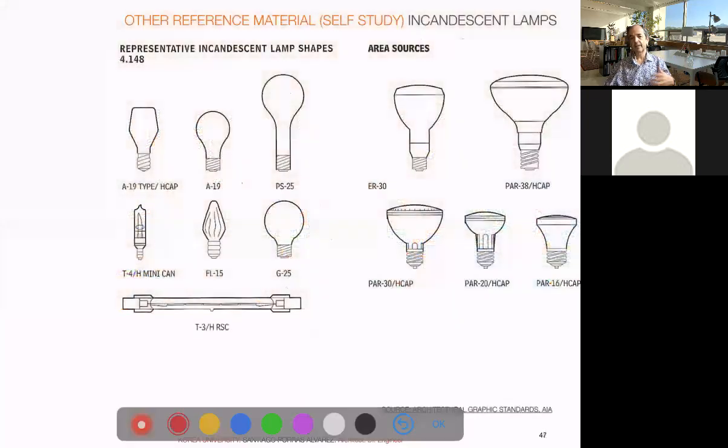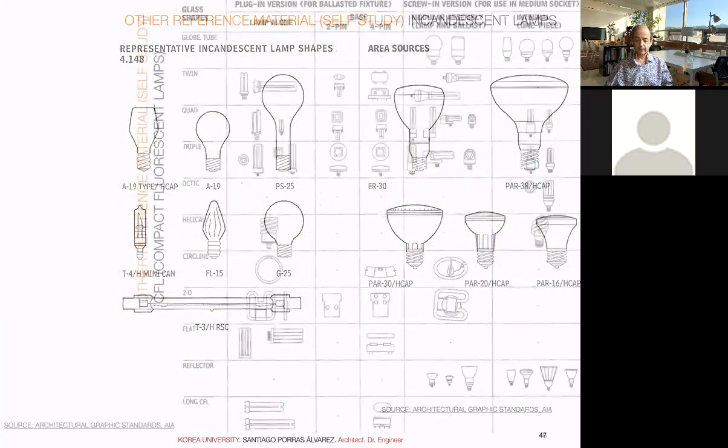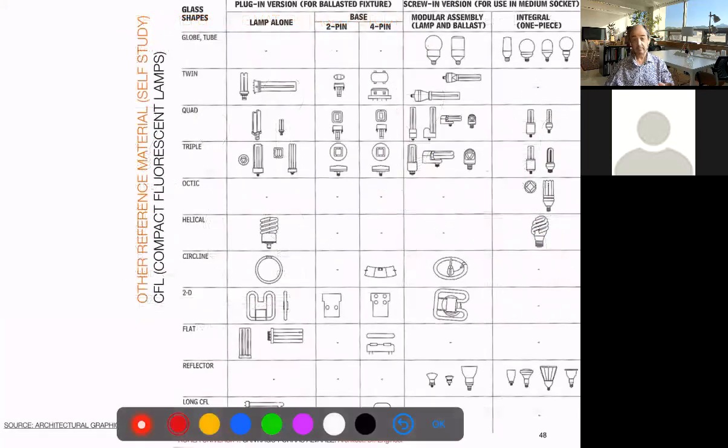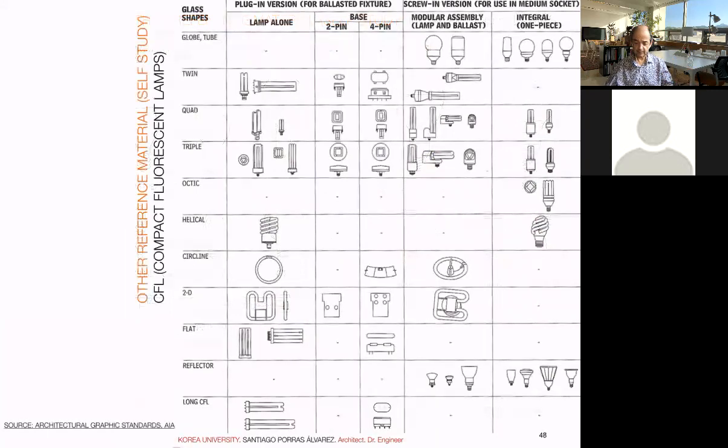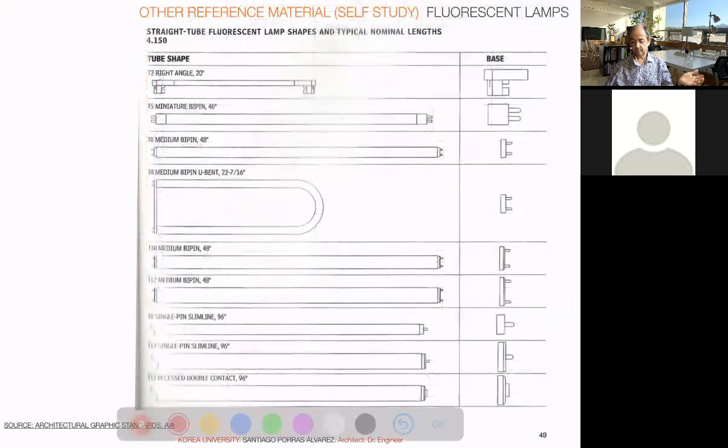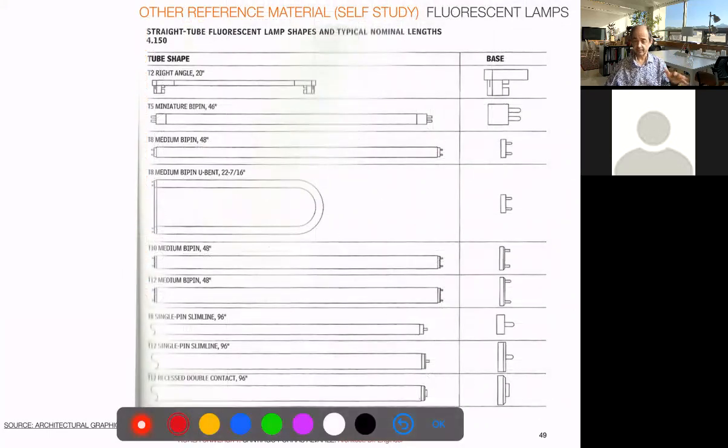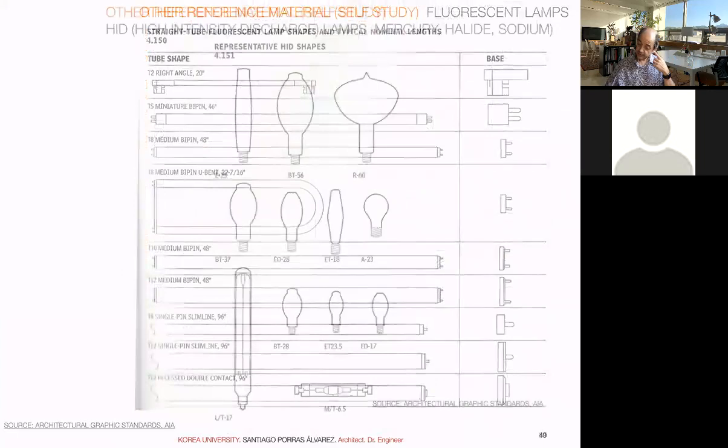And then you have a catalog and basic denominations of incandescent lamps, which are less and less used, or fluorescent lamps, which are still very used, and there are a lot of variations, maybe more than you have in the catalog. The tubes are the ones we still have as a standard light in public spaces.